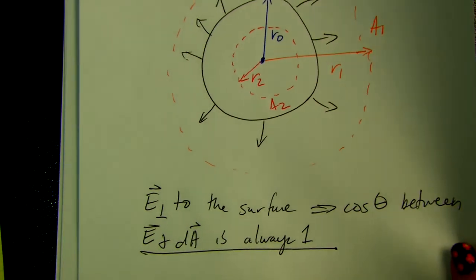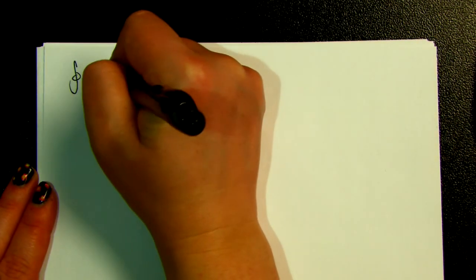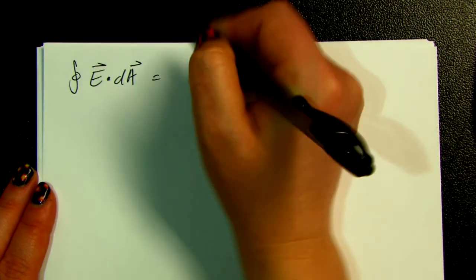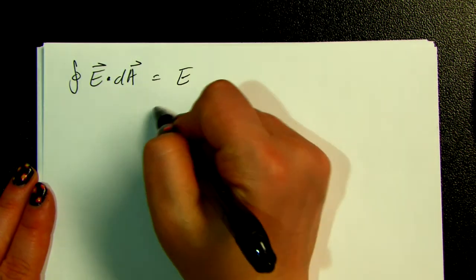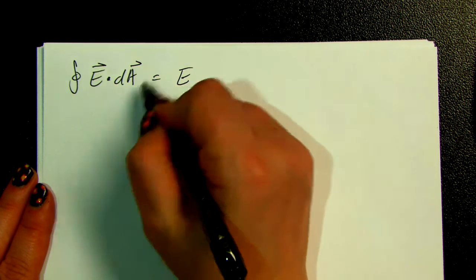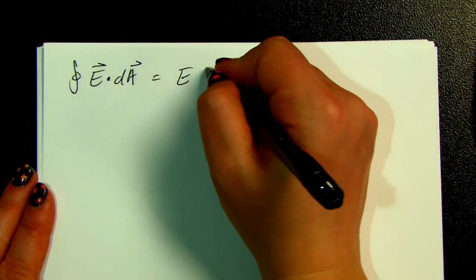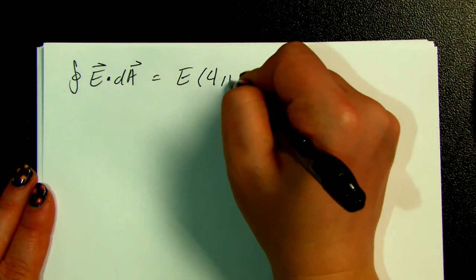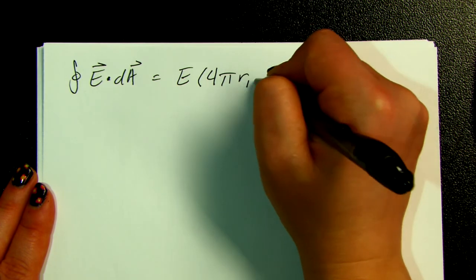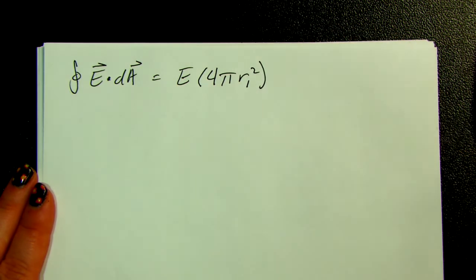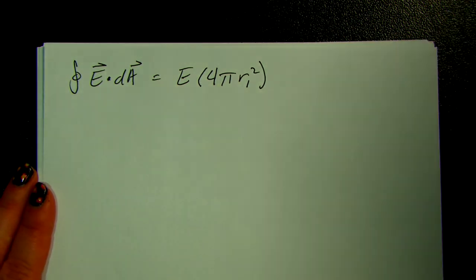Okay, so let's go ahead and use Gauss's law. So the surface integral E dot dA is equal to E times, so remember, this is just summing over that surface area. So make sure you know surface area is 4 pi R1 squared. This is just going back to our drawing here.